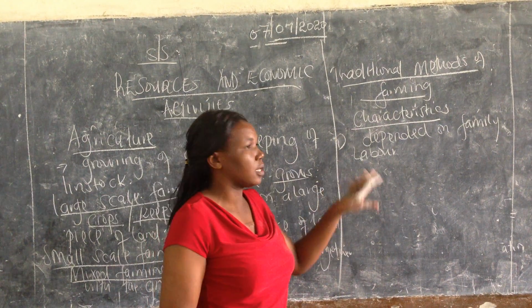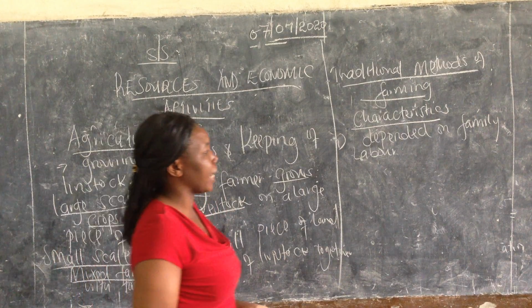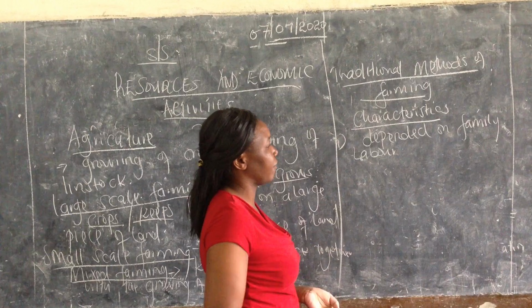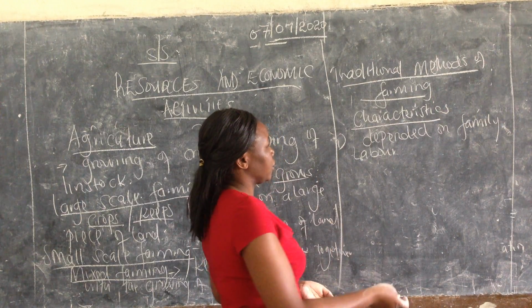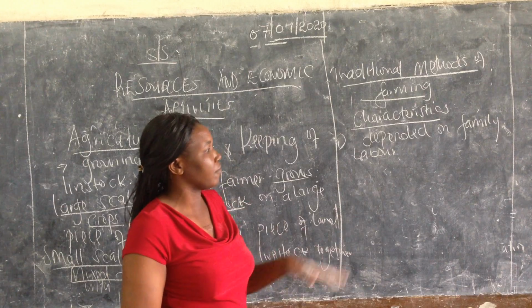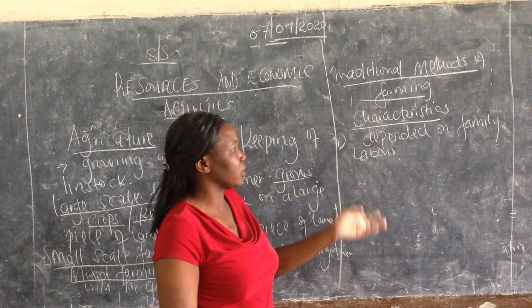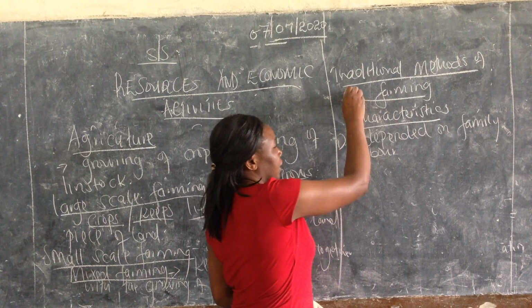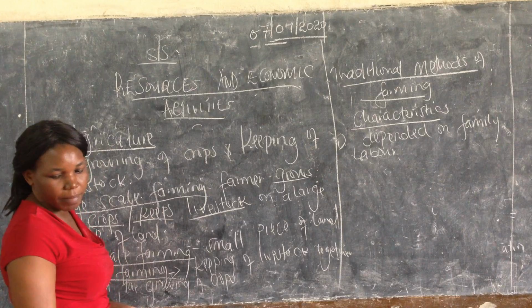When the time of digging comes, the father, wife, and the children go to the farm. When the time of planting comes, the same family goes to the farm, weeding and harvesting all the same. So the characteristic here is that they depended on family labor.